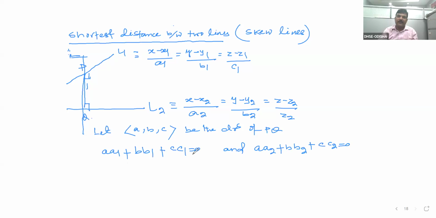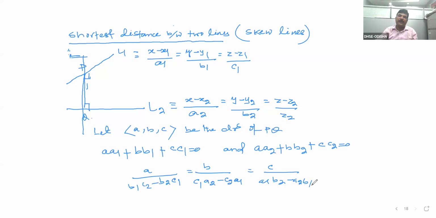So solving these two equations by cross multiplication, A upon B1 C2 minus B2 C1 is equal to B upon C1 A2 minus C2 A1 is equal to C upon A1 B2 minus A2 B1.